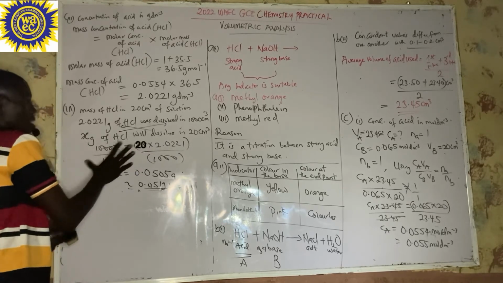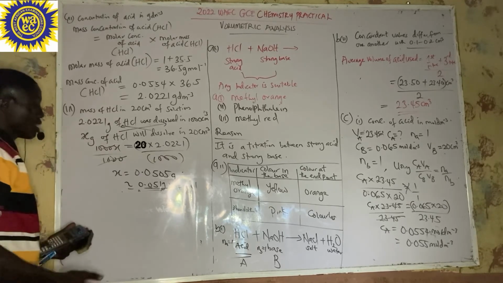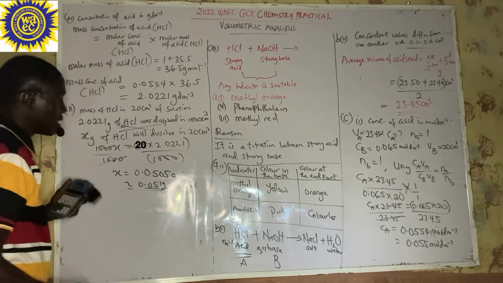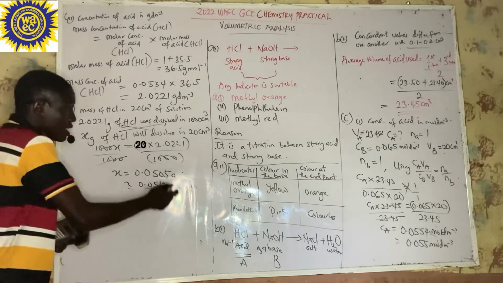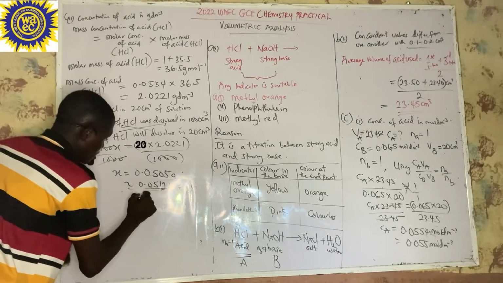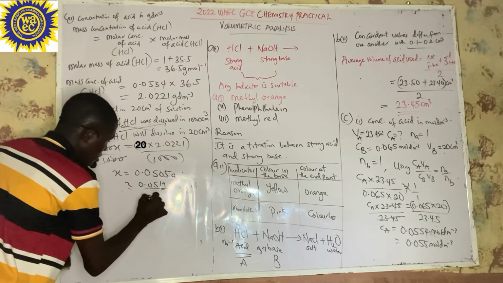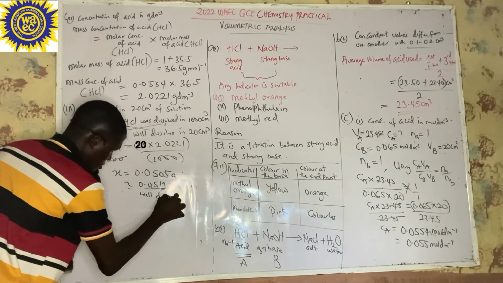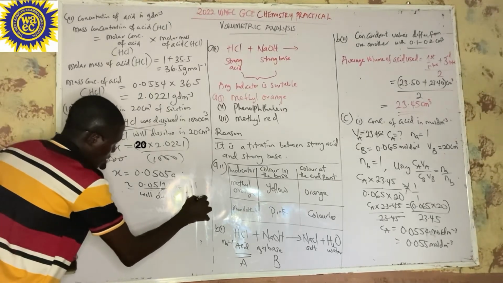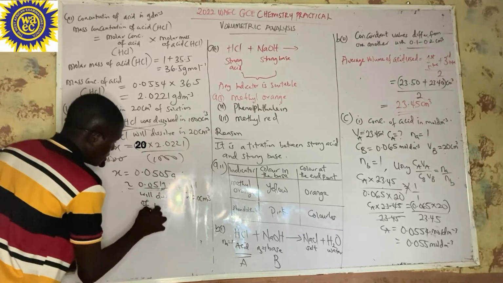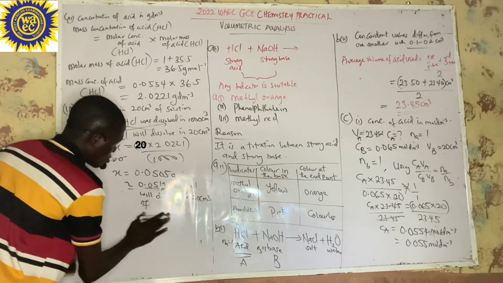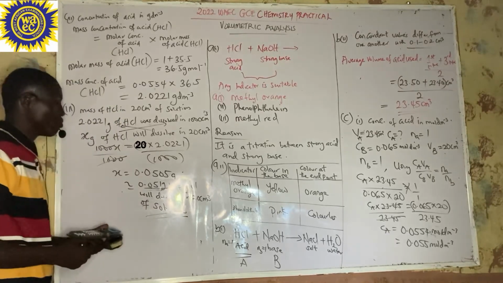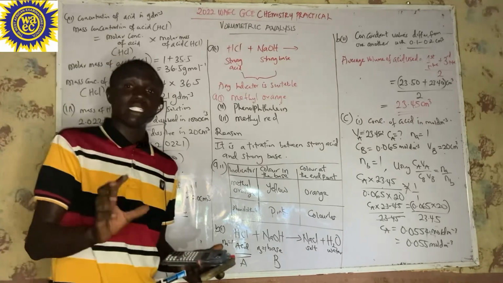By cross multiplying, you have 1000x equal to this, and then you divide both sides to get your final answer. Approximately 0.051 gram of HCl was dissolved in 20 centimeter cube of solution, not of HCl this time around, of solution.